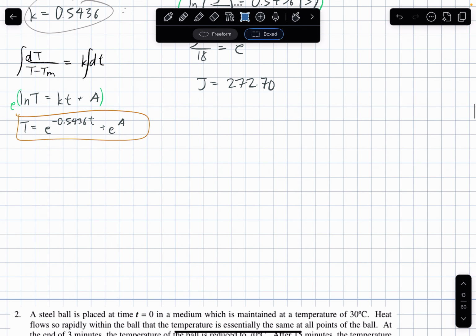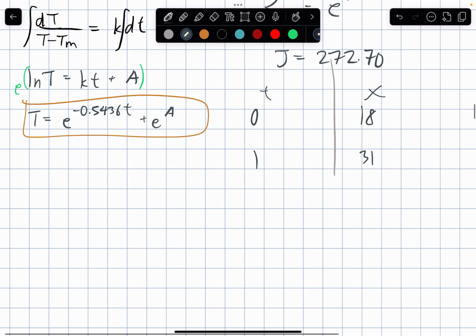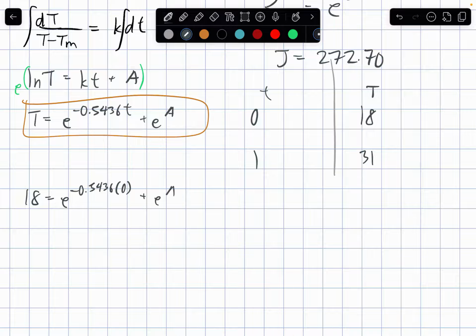I'm gonna try something. So this is time, this is x. Given 18 and our time is 0, okay, so e raised to a is equal to 18. Wait, sorry. 18 is equal to e raised to 0 plus e raised to a. e raised to 0 is 1.